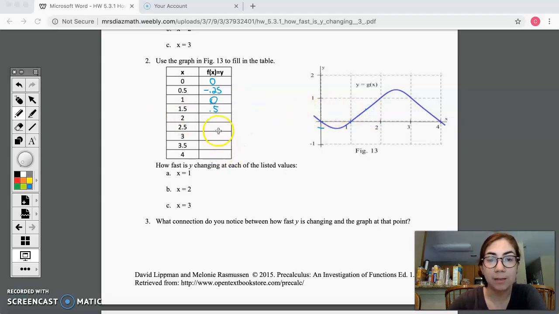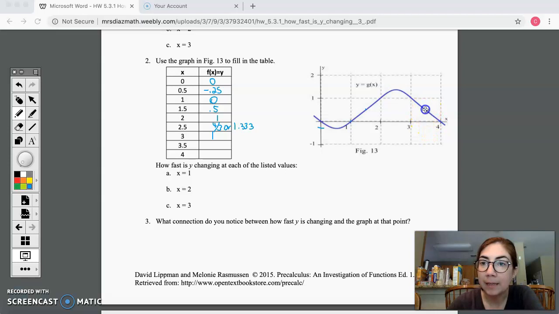At 2, I would say that's at 1, 2.5, like 1 1/3. I want to say 1 1/3, so like 4/3, or for you decimal people out there, 1.3 repeating. At 3, looks like it's a solid point at 1.